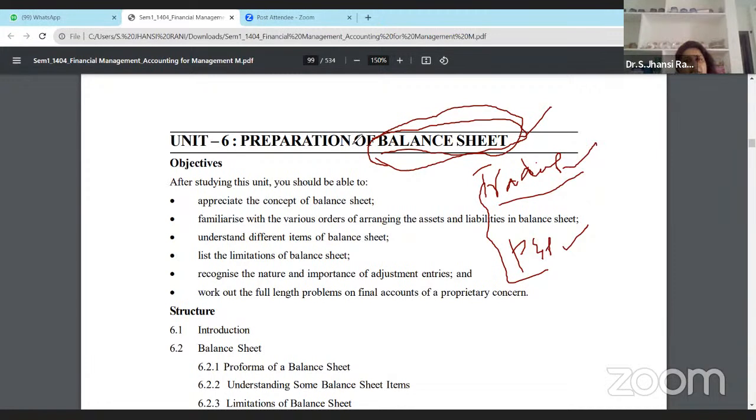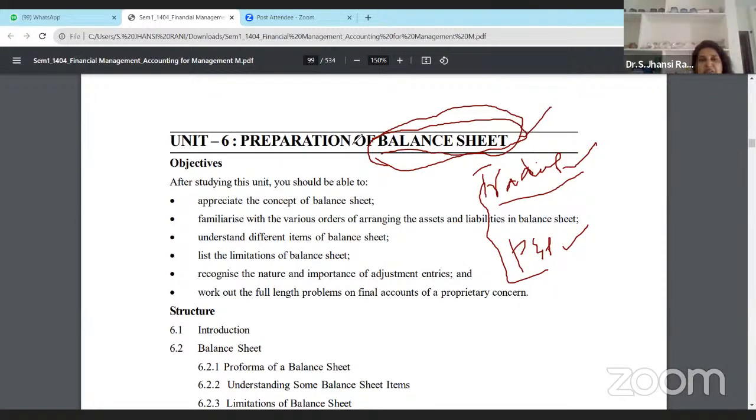When capital is there, who has brought the capital? Even I only brought my capital into the business and myself started my business, but still the owner is different, business is different as per the separate legal entity or business entity concept. So whatever amount I invested in the business is called capital. It means business is due to the owner.